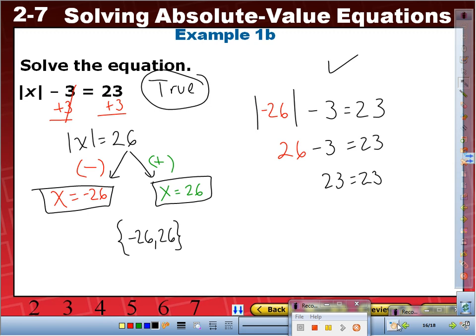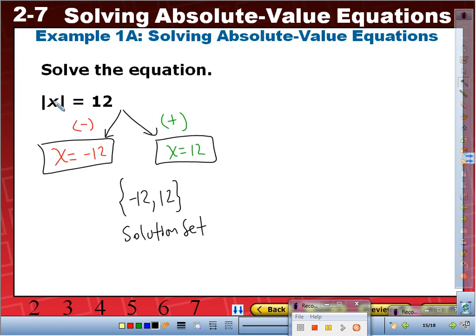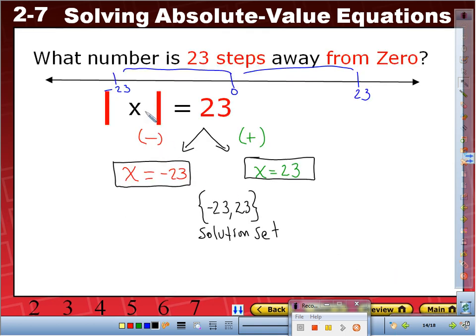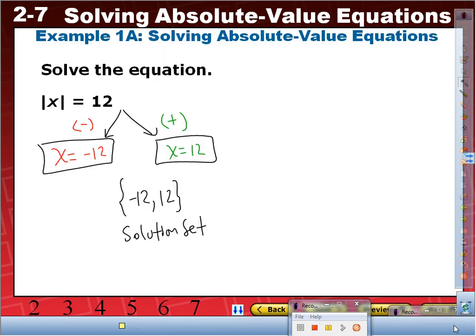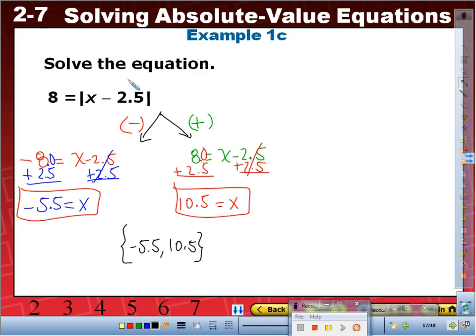Look at the previous one. Since we had an x only, that's why this is the opposite of this one. However, this is different because it has a what? They're subtracting something to that number.